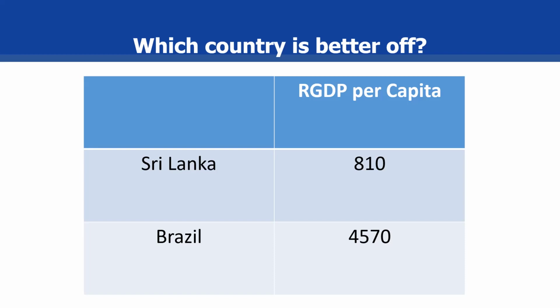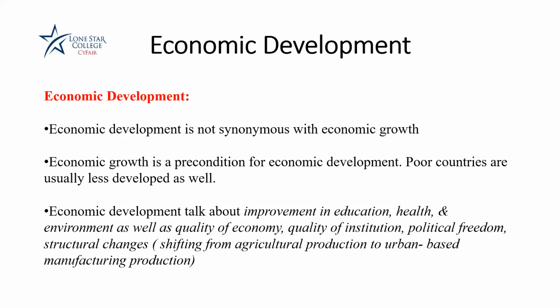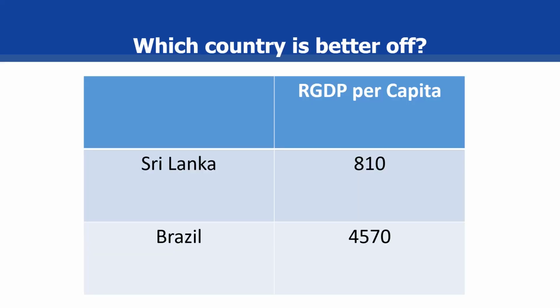For instance, if you look at these two numbers here, for these two countries, for Sri Lanka and Brazil, and this is a real GDP per capita, you really cannot tell what's going on in these two countries. You cannot really tell which country is doing better because you need to know about economic development in these two countries. Okay, you can have a country with higher real GDP per capita, but at the same time, that country might not be as developed as another country with lower real GDP per capita.